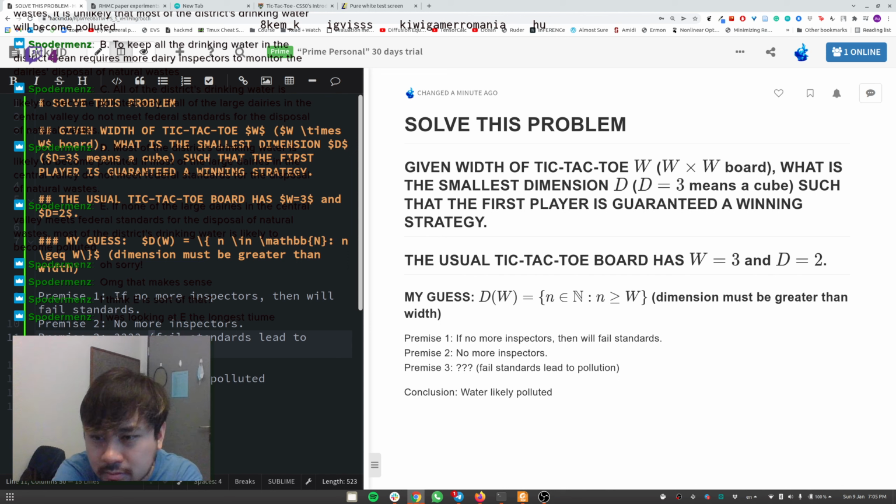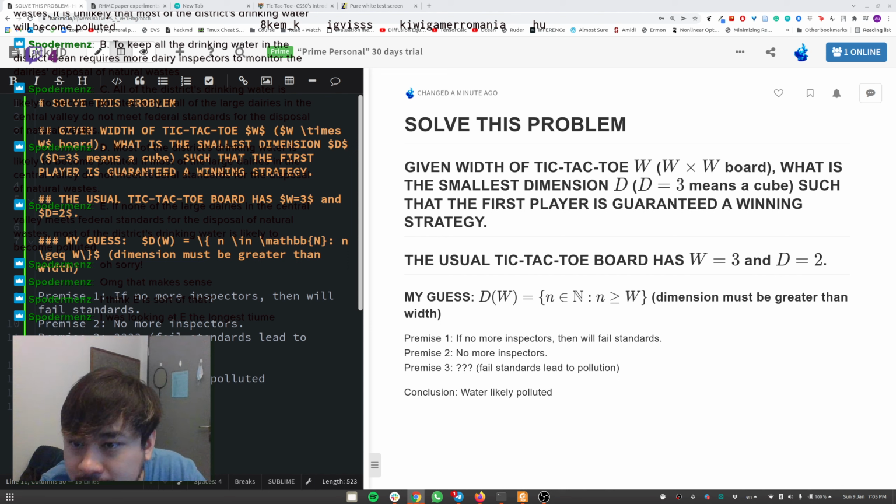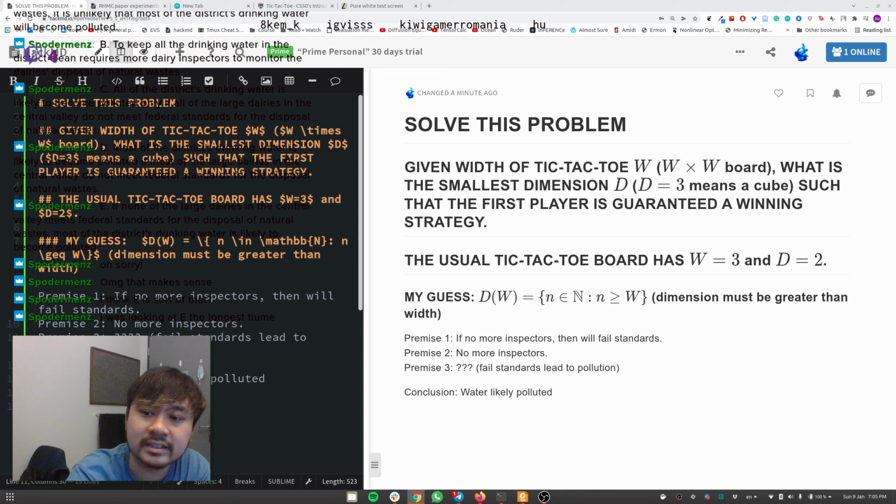It's saying that if there are no more inspectors, most dairies will not meet the standard, and the conclusion is that most of the water becomes polluted, which means our missing premise should probably have the word most. That's just how I think about it. Yeah, I think it's D.